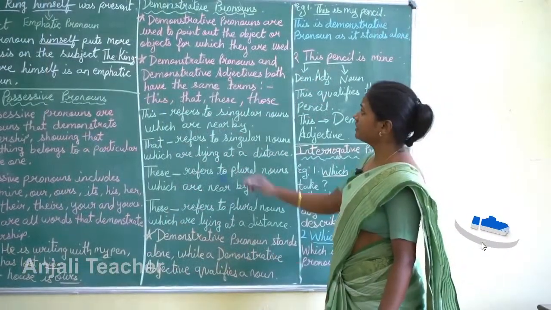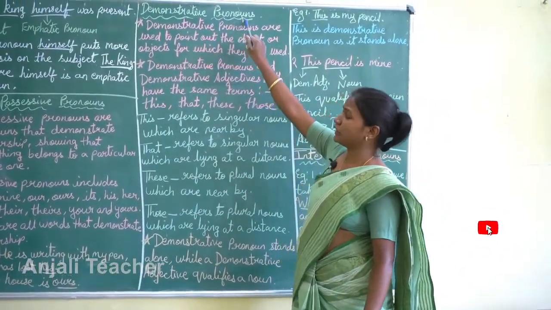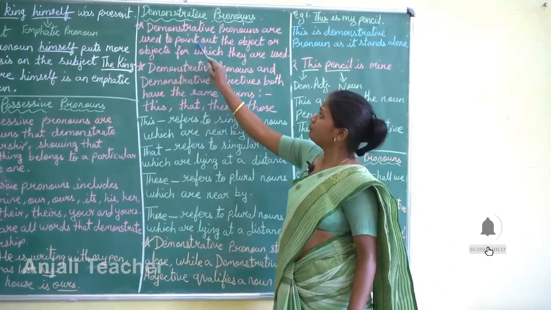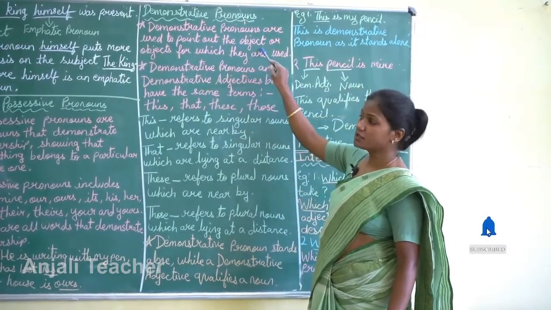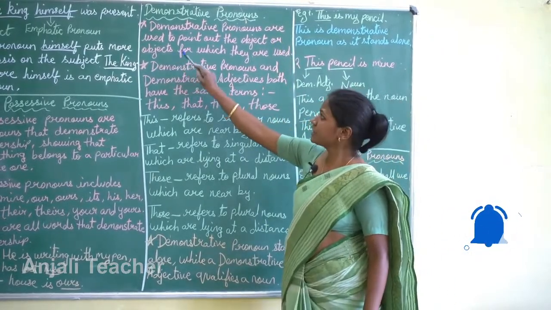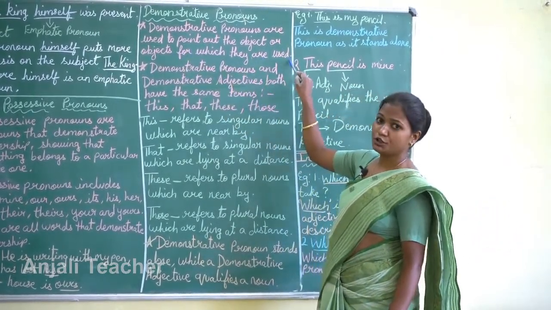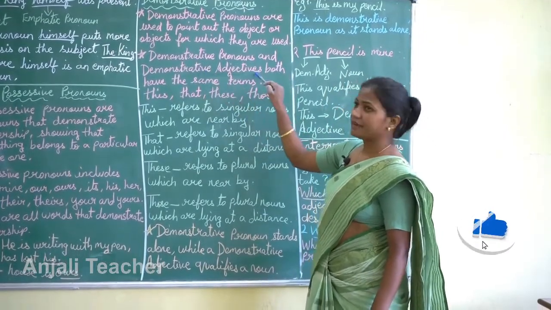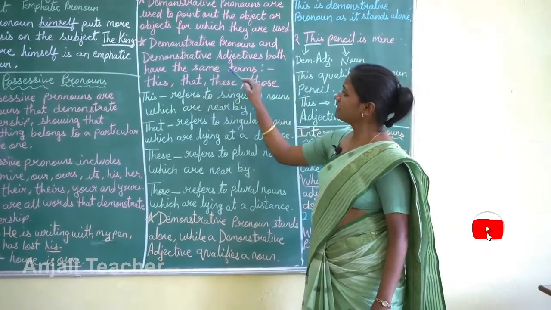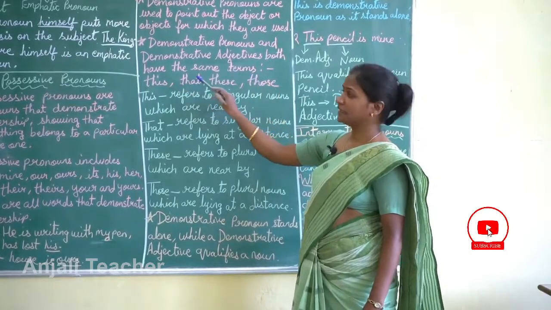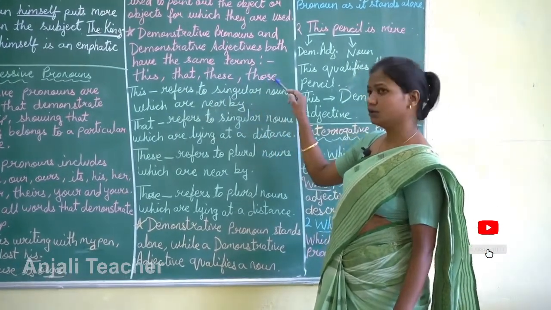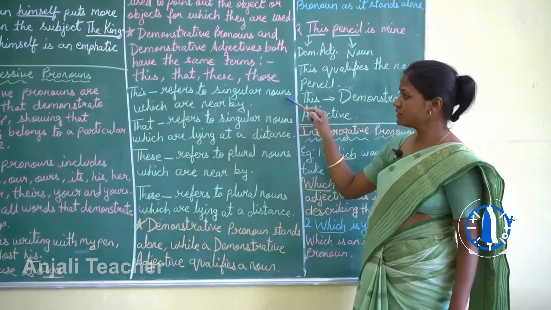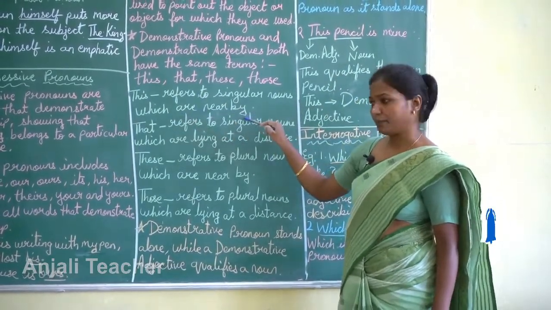The next kind is demonstrative pronouns. Demonstrative pronouns are used to point out the object or objects to which they refer. Demonstrative pronouns and demonstrative adjectives both have the same terms: this, that, these and those. This refers to singular nouns which are nearby.